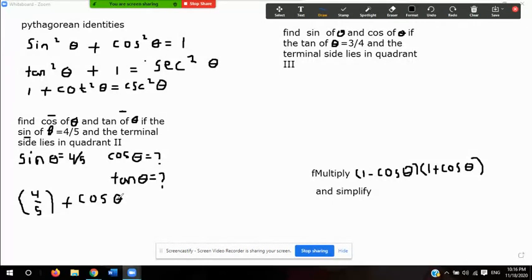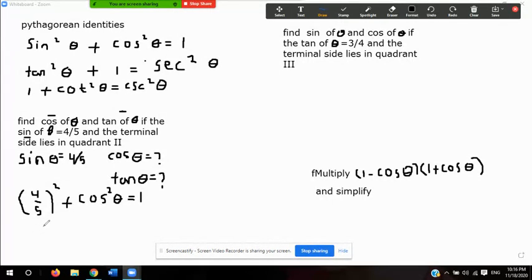Now I'm going to solve for the cosine, and it's not just cosine, it's the cosine squared of theta. Well, actually, no. The first thing I need to do is square this.